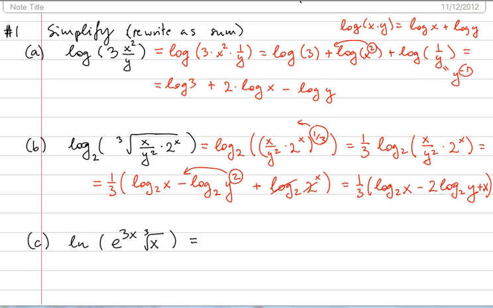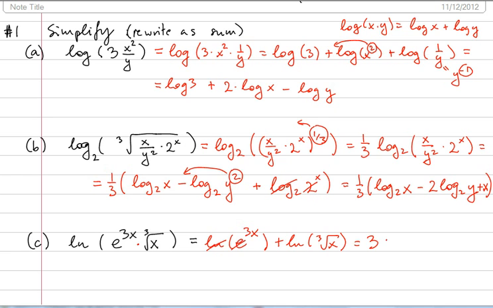Okay, so for the next one, I do the same. So first of all, this is a product of two things. So this is going to be ln e to the 3x plus ln of cube root of x. Ln of e to the 3x is composition of the natural log and the exponential. So they cancel each other out because they are inverse functions of each other.